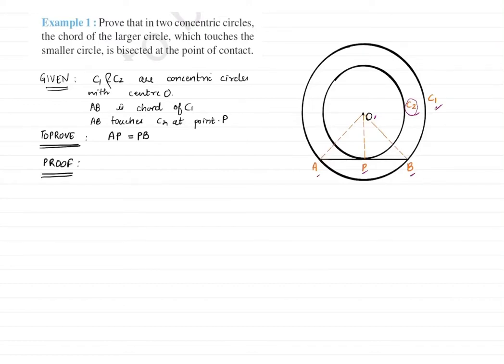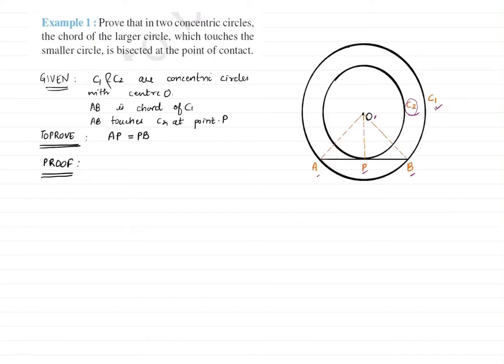Now we'll look at the proof. So how are we going to prove this? For that, I've already joined points OA, OP and OB. Obviously, we always have to begin with what we are given, right? So in this case, we are given two circles, C1, C2, they are concentric with center O. AB is a chord of C1, but since it is touching C2 in point P, obviously it is a tangent to C2.